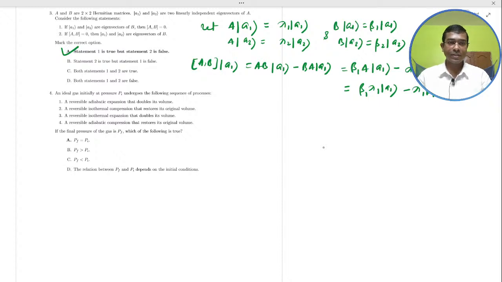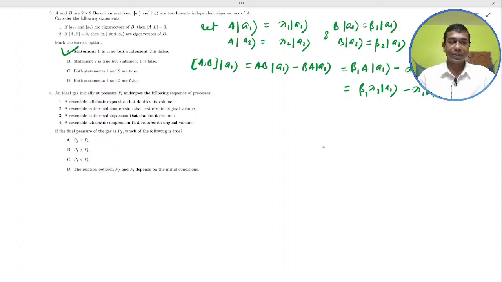An ideal gas initially at pressure P1 undergoes the following sequence of processes: a reversible adiabatic expansion that doubles its volume, a reversible isothermal compression that restores its original volume, a reversible isothermal expansion that doubles its volume, a reversible adiabatic compression that restores its original volume.